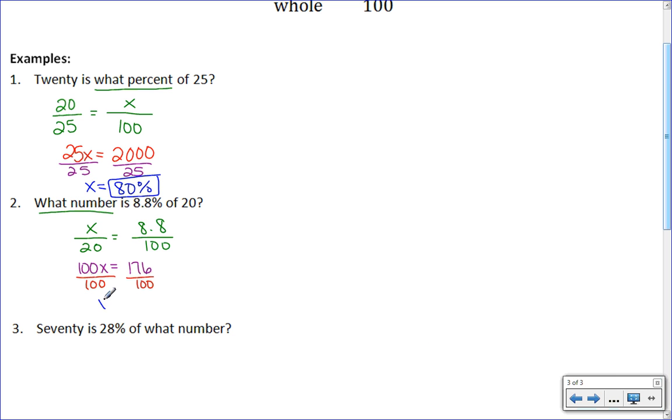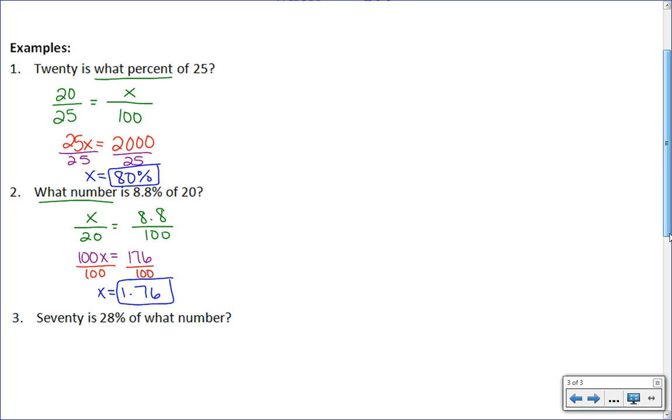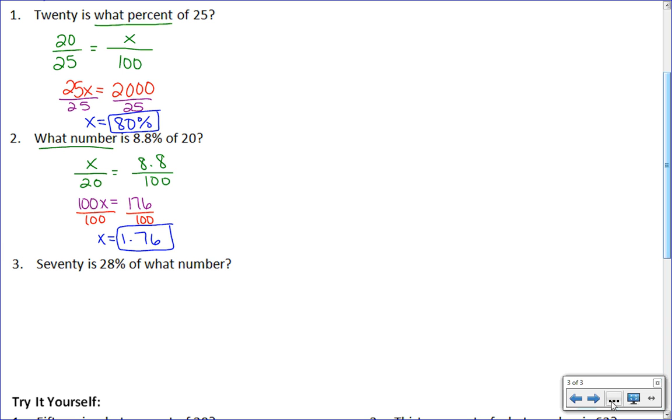And we should get that x is equal to 1.76. And this didn't ask for a percent, it said what number. So this is our answer. 1.76 is 8.8% of 20.